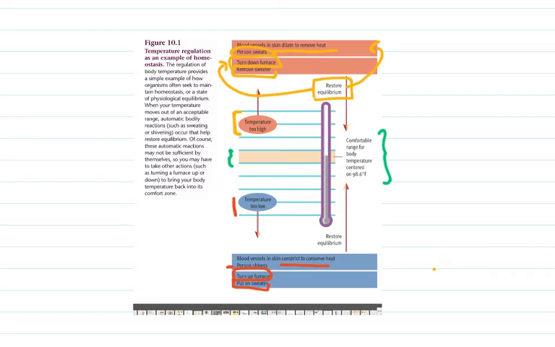So this is trying to explain what happens in terms of temperature regulation, how the body regulates its temperature, using the drive theory of motivation. But looking at this theory, it must have occurred to you that not all actions can be explained by drive theories.